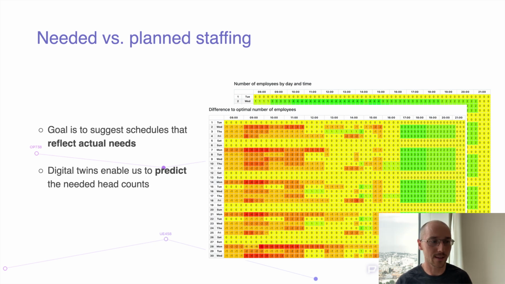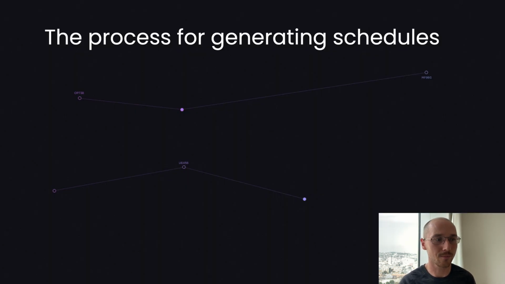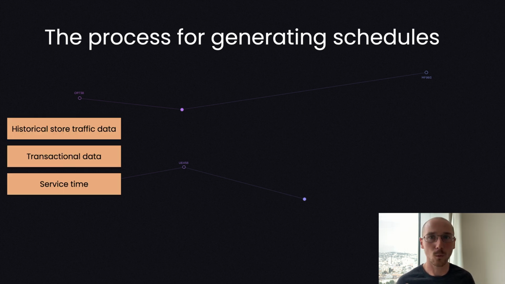Using digital twins and the data, we are trying to predict the needed headcount in the store, and then find the schedule that best fits the predictions. To give you an idea of the whole process around generating these schedules, first we start with our data. We start with the historical data for the traffic, for how many people are visiting the stores, what's the occupancy.